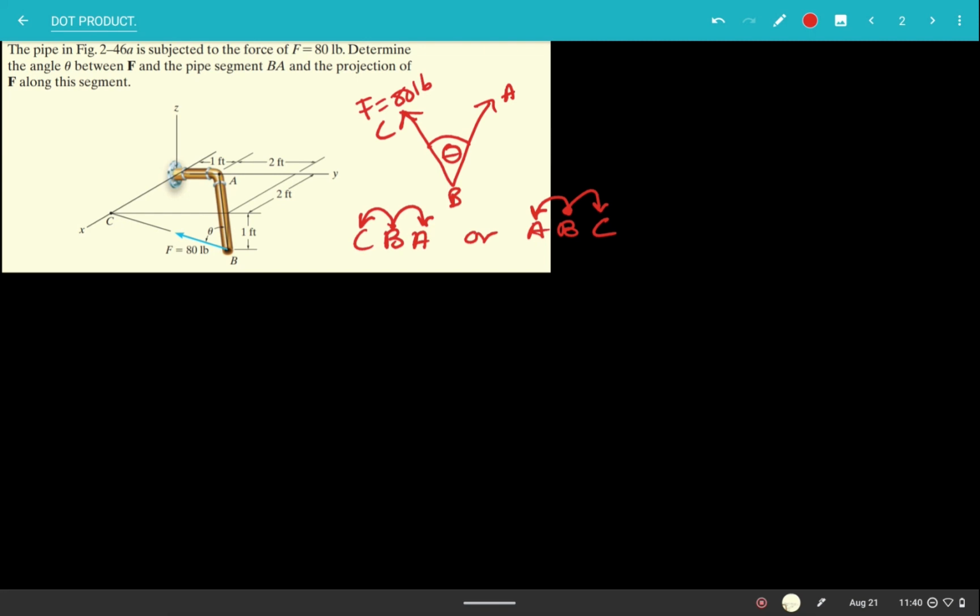So I'll start by first looking for the position vectors of BC and BA. Let us find these position vectors separately. Alright, so I'll create my own data and look for the position vector RBA.